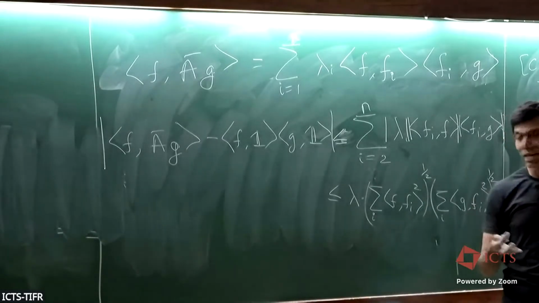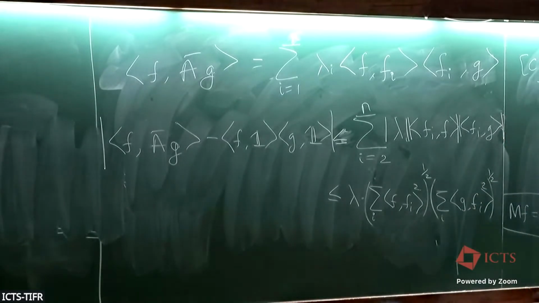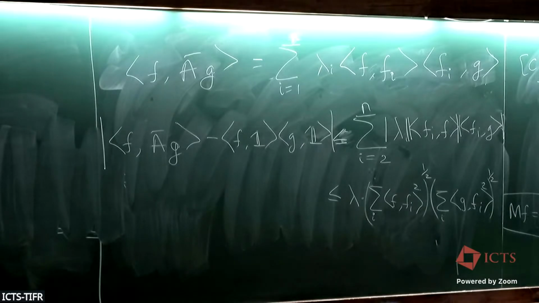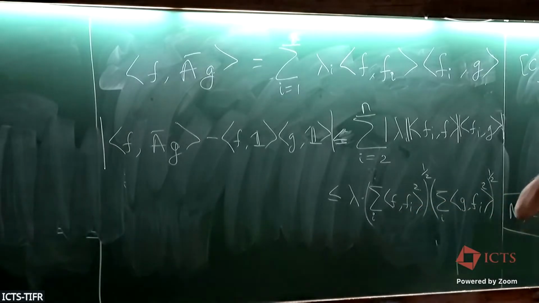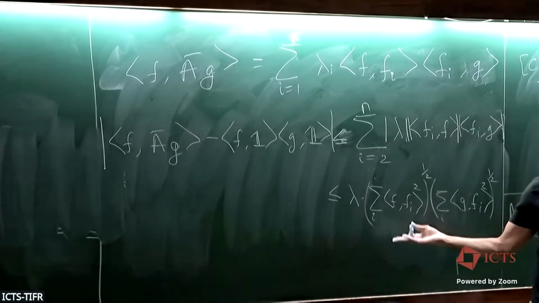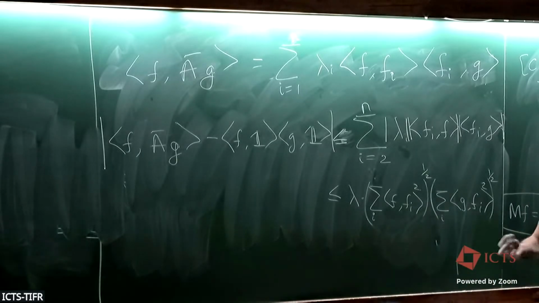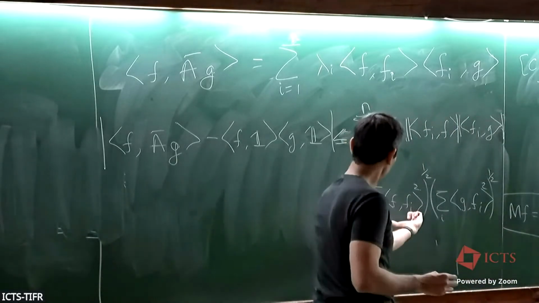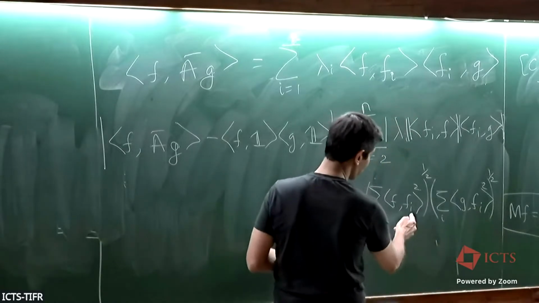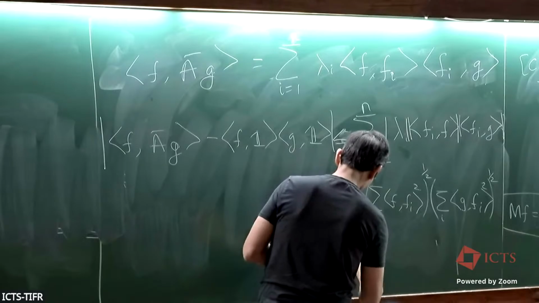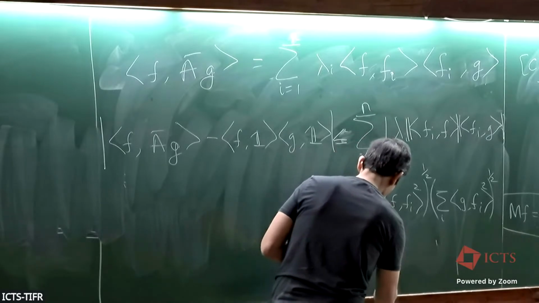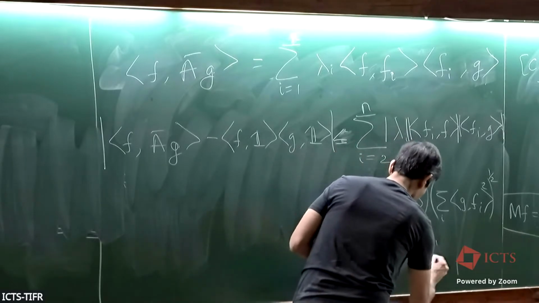They are an orthonormal basis for the space on which the matrix A bar acts. So I'm just summing up the squared lengths of the components along all the basis elements, maybe all but one. And this is just Pythagoras theorem. This is just the inner product of F with itself because these are orthonormal basis elements. So this is less than or equal to lambda times the norm of F times the norm of G.